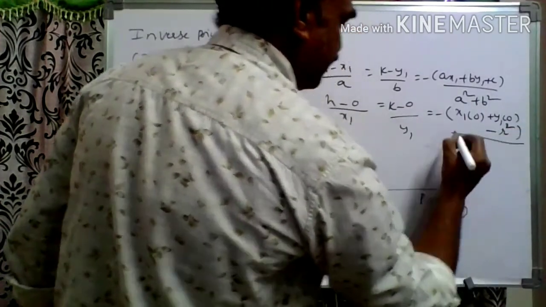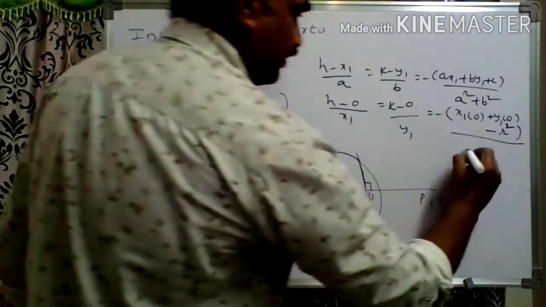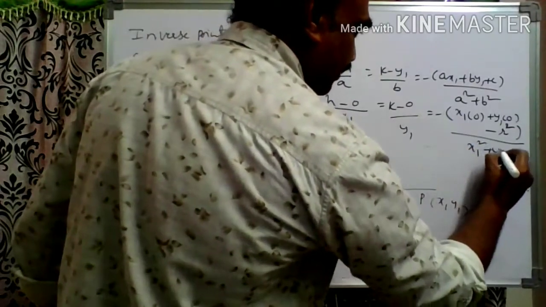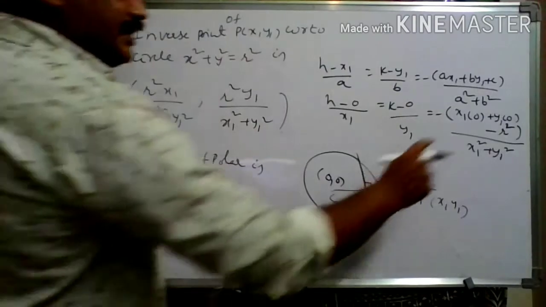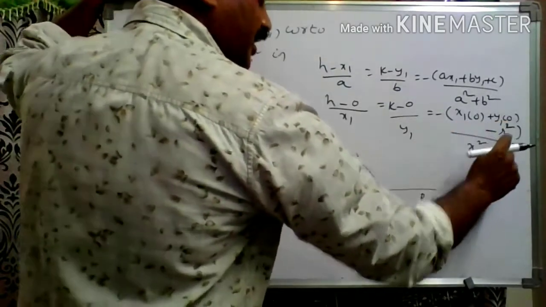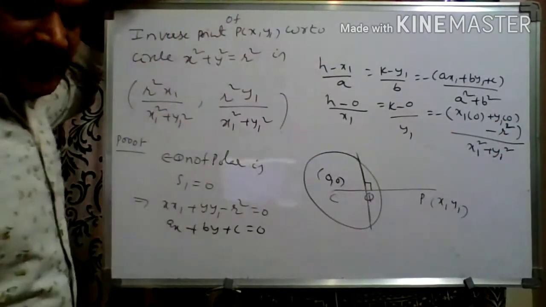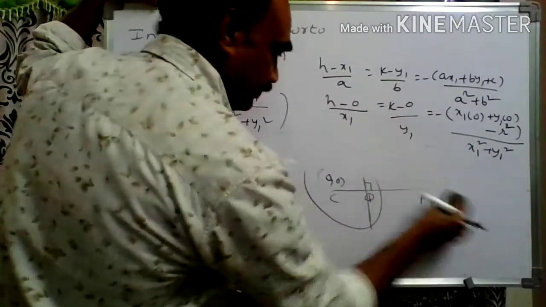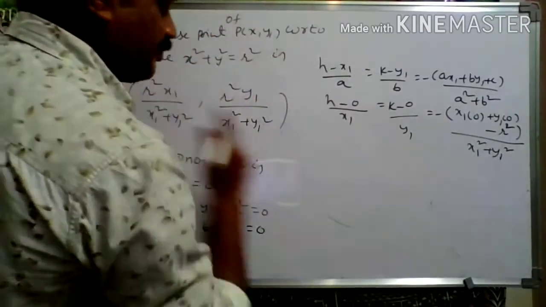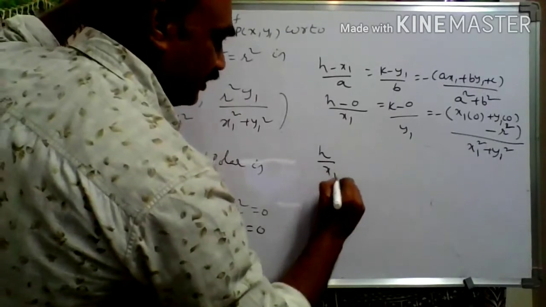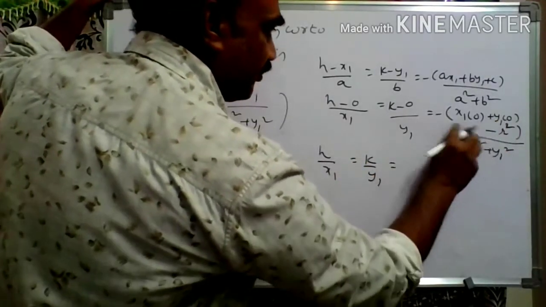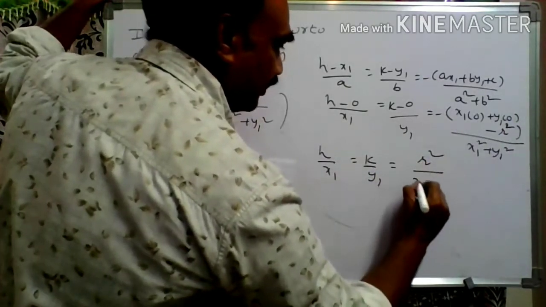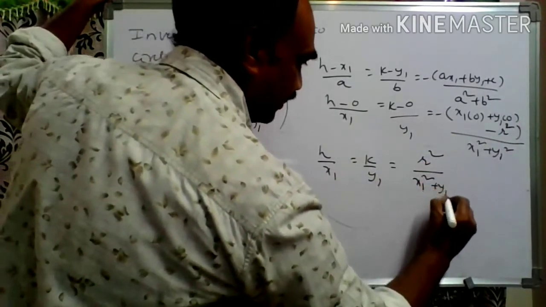So h minus 0 by x1 is equal to k minus 0 by y1 is equal to minus of (x1 into 0 plus y1 into 0 minus r square) by (x1 square plus y1 square), which is r square by (x1 square plus y1 square).